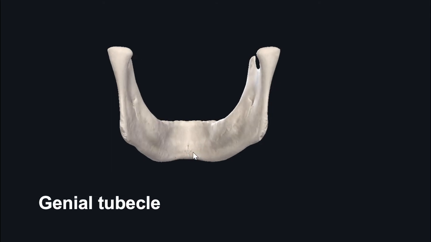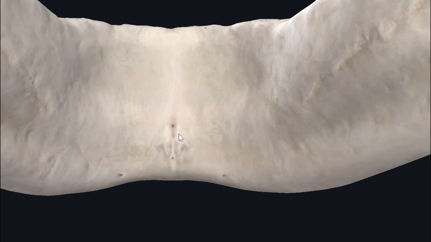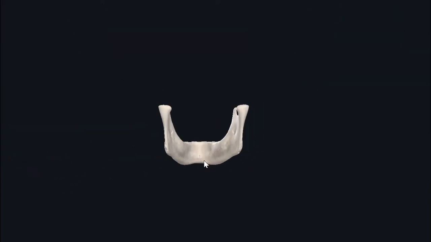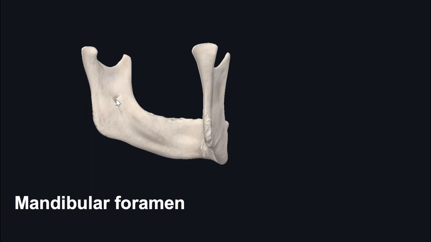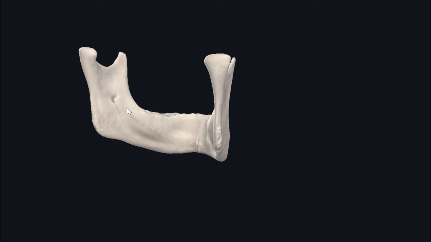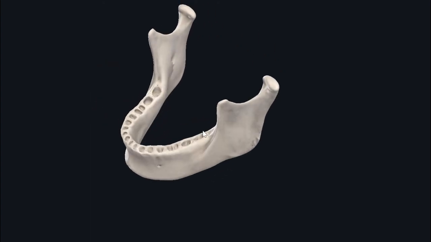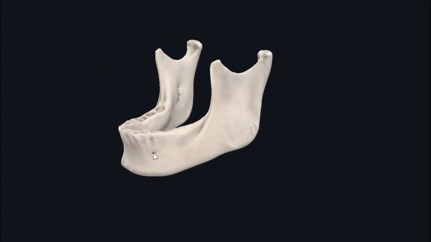There are actually two genial tubercles, called superior and inferior genial tubercles, and these are the small foramina of the mandible. There is a foramen along with the lingula called the mandibular foramen. This mandibular foramen emerges out here into the mental foramen.